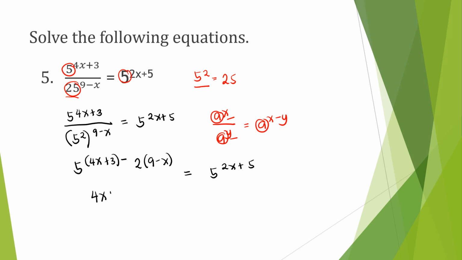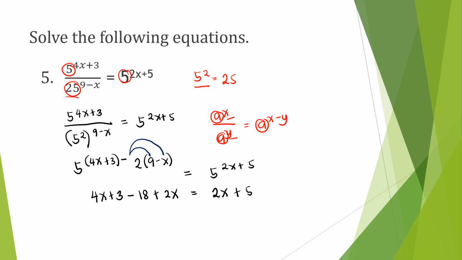4x plus 3. So we will apply distributive property here. So this will become negative 18 plus 2x is equal to 2x plus 5. Let us now combine like terms.